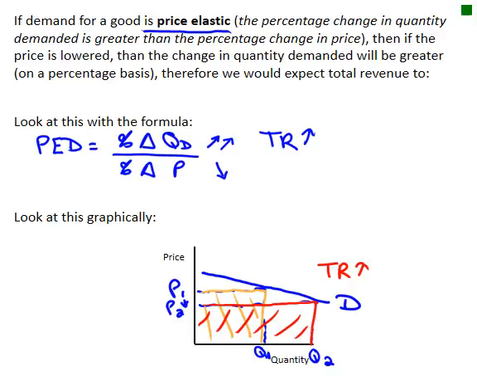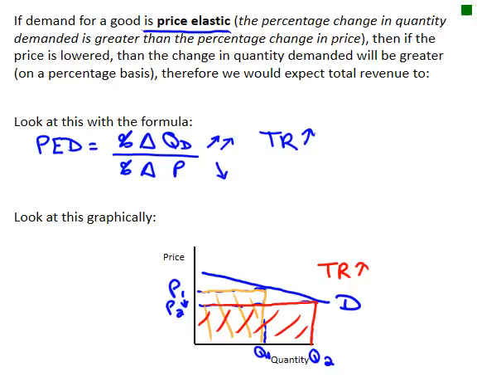So let's look at this graphically. We were told that the good is price elastic. We were told that up here. So we're going to draw a relatively flat demand curve. And we have the price decreasing. So let's go from P1 to, let's say, P2. And we've gone from Q1 to Q2.